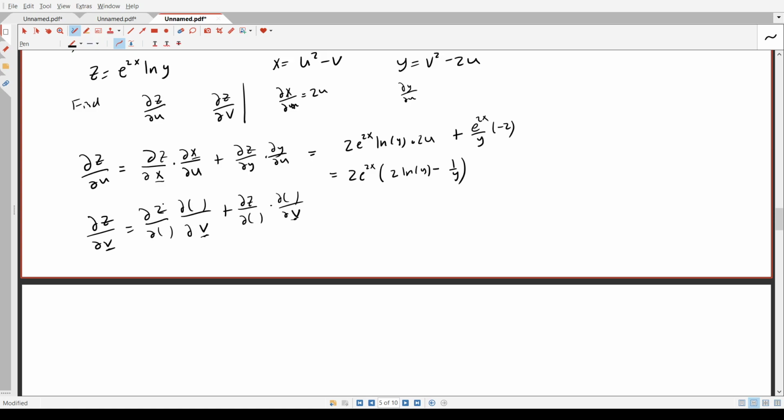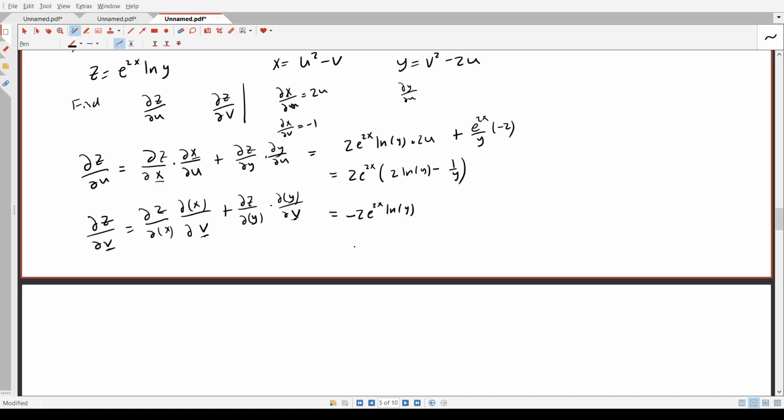Okay, so our two variables that we have are x and y, and I start computing. So dz/dx, we already know what that is. That's going to be 2e to the 2x ln of y times dx/dv. If we look up here, x is u squared minus v, so dx/dv is going to be negative 1.